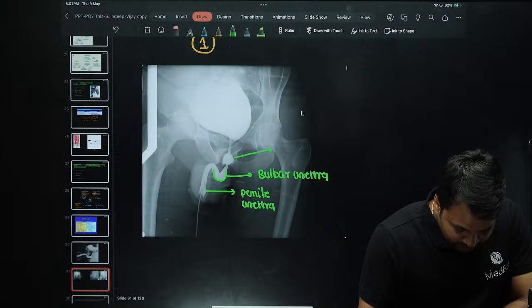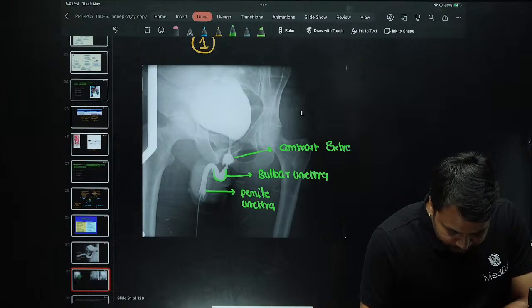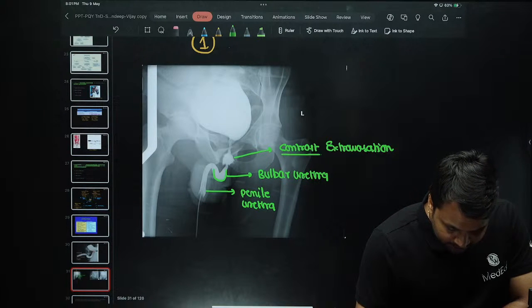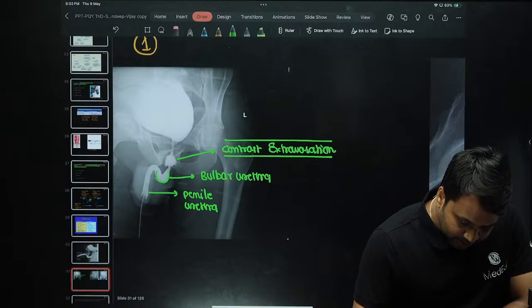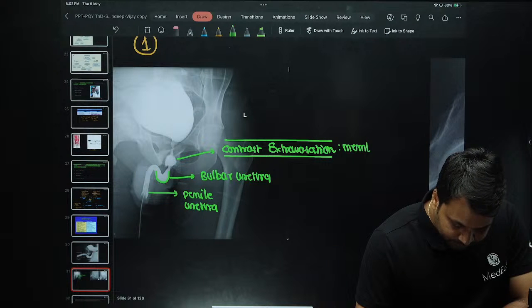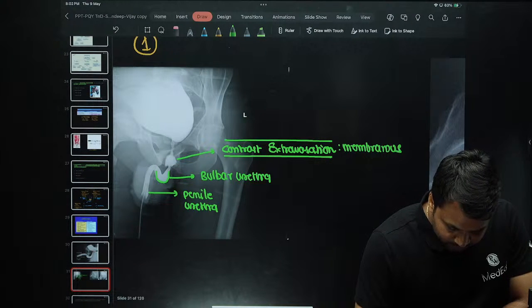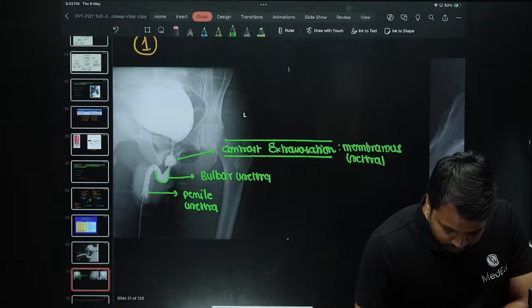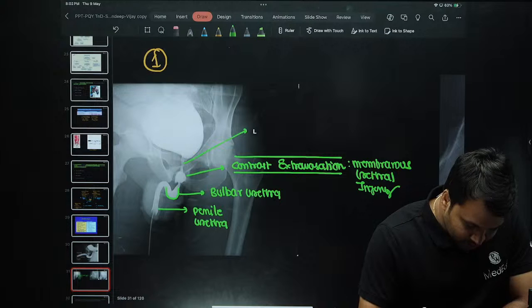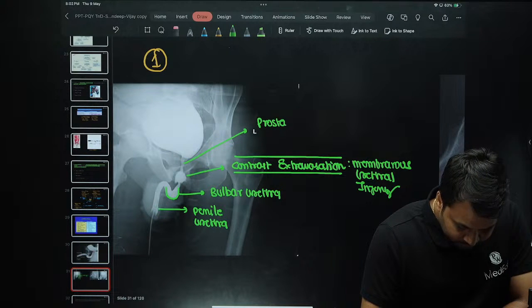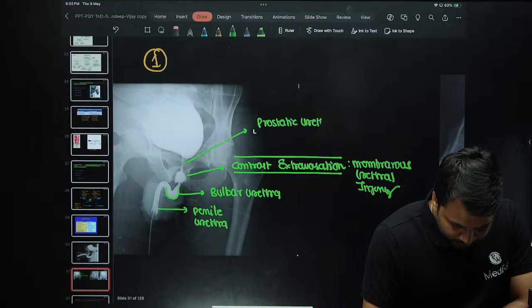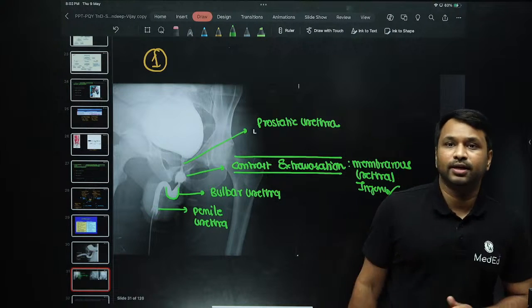There is contrast extravasation, and this contrast extravasation is seen in the membranous urethra. So, this is your membranous urethral injury, and then the last one that you have, this is your prostatic urethra.